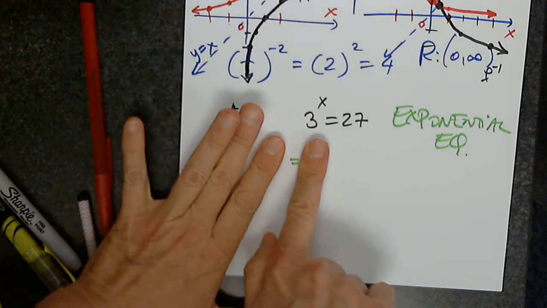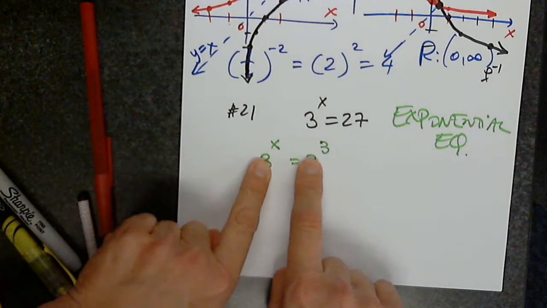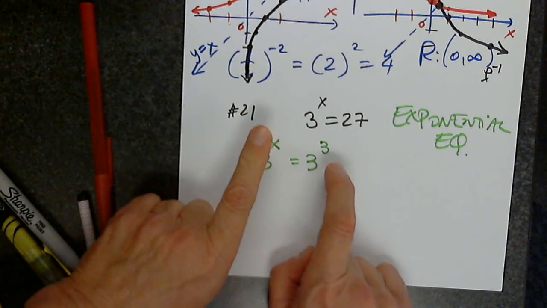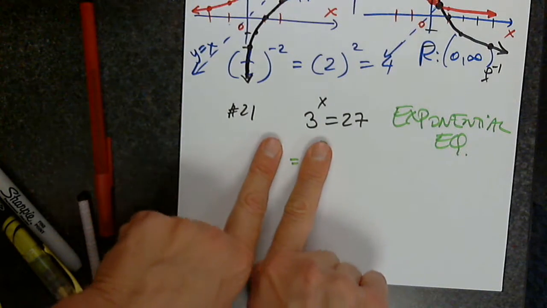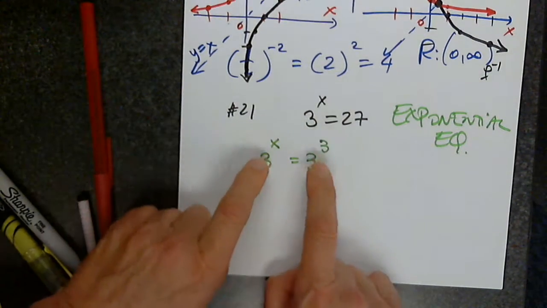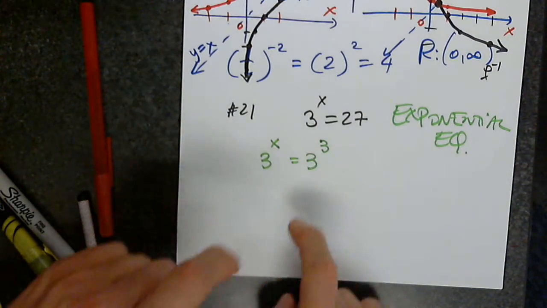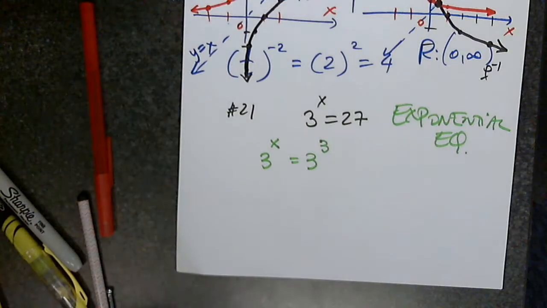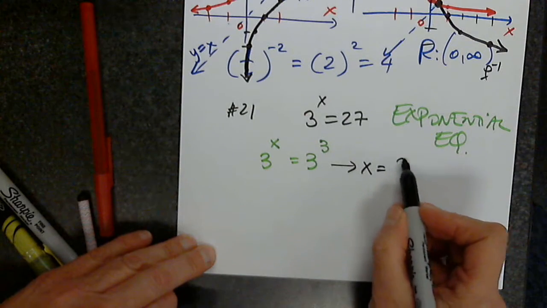Two numbers are equal and they have the same base. What has to happen to their exponents? One more time. Two numbers are equal and they have the same base. What has to happen to their exponents for them to be equal indeed? They're the same. Good. So from here the conclusion is that x equals 3. That's it.